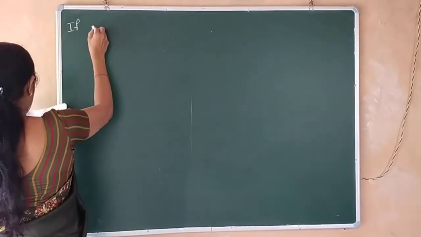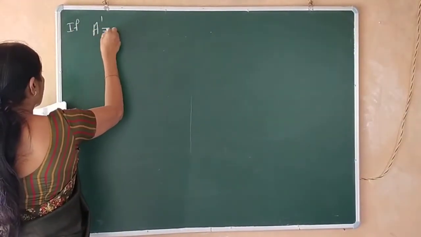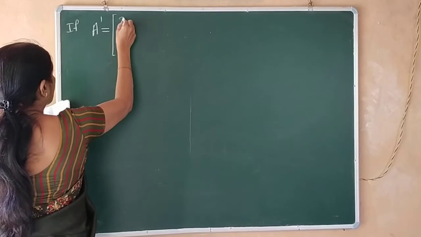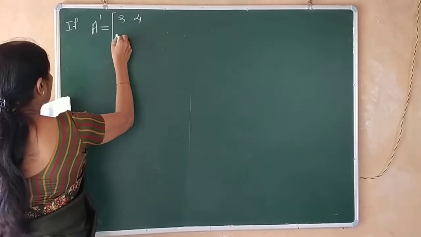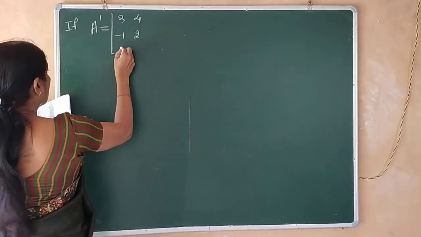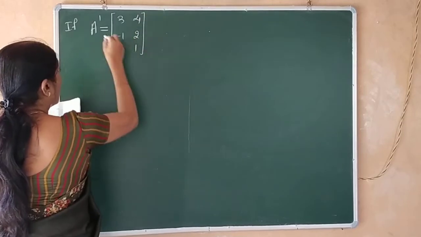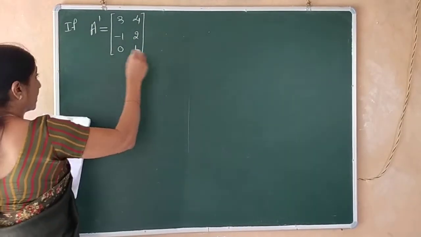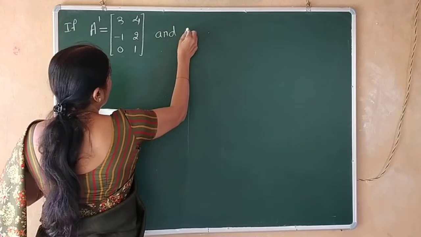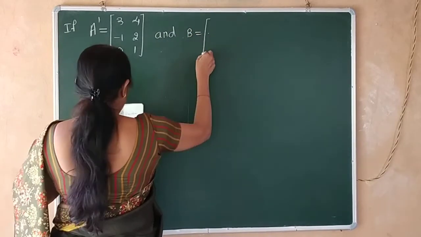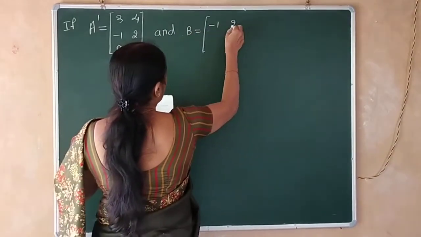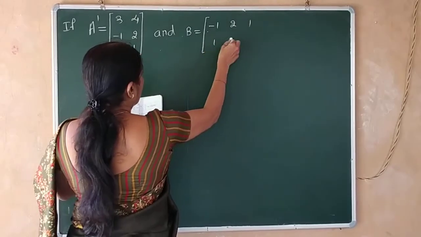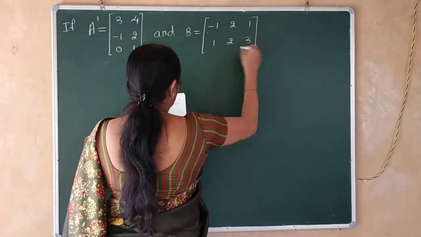If A transpose is equal to 3 4 minus 1 2 0 1. The transpose is given, note it clearly, and B is equal to minus 1 2 1 1 2 3.